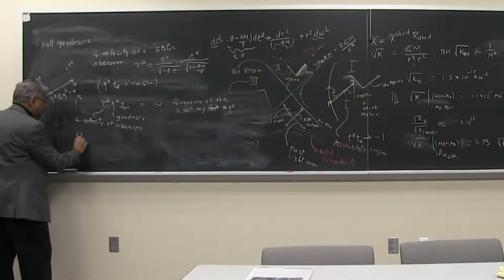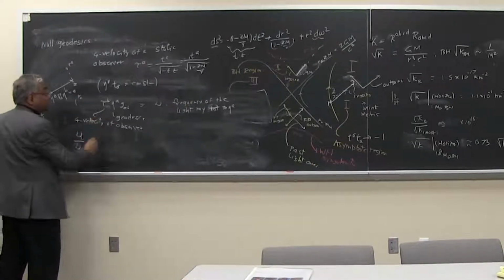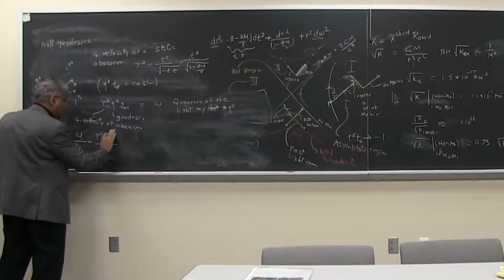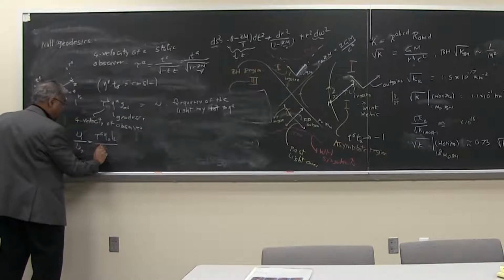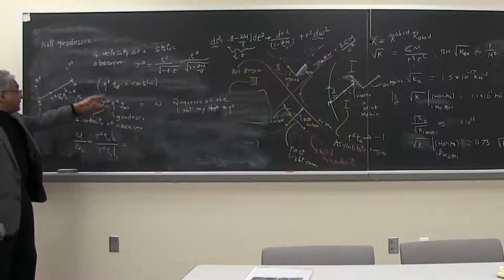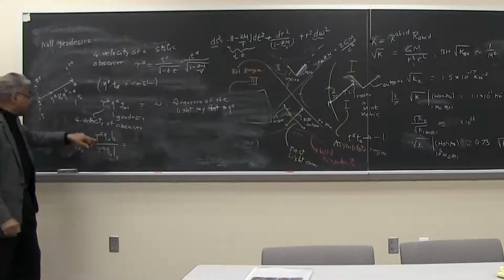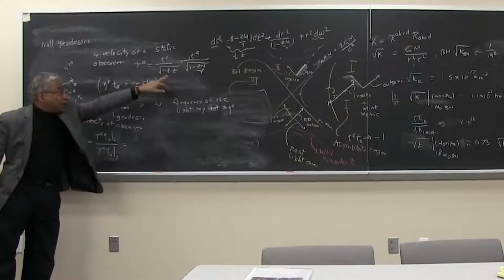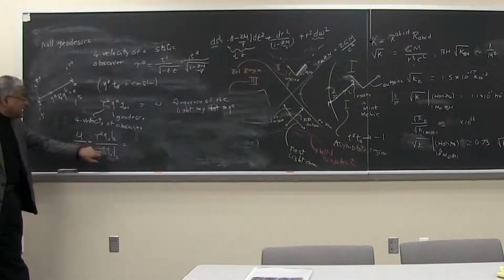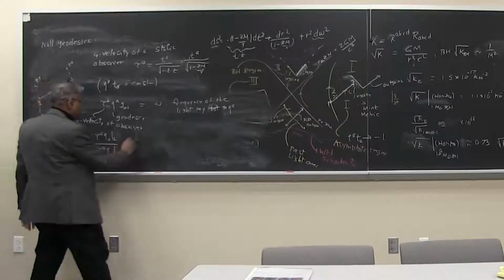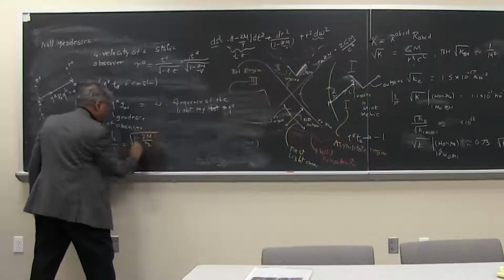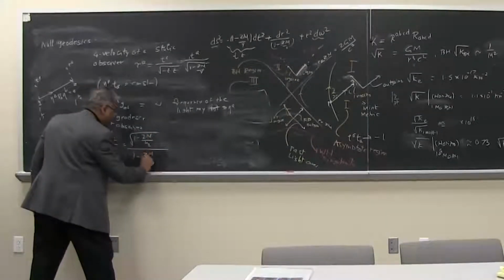Therefore the ratio of frequencies, ν1 upon ν2, is just given by T^A η_A at 1 over T^A η_A at 2, each divided by the square root of 1 - 2M/r. But T^A η_A is constant, therefore this is just going to be equal to the square root of (1 - 2M/R2) upon (1 - 2M/R1).